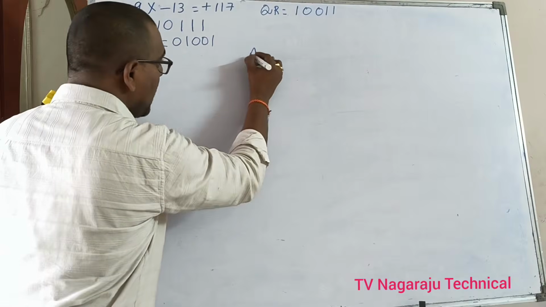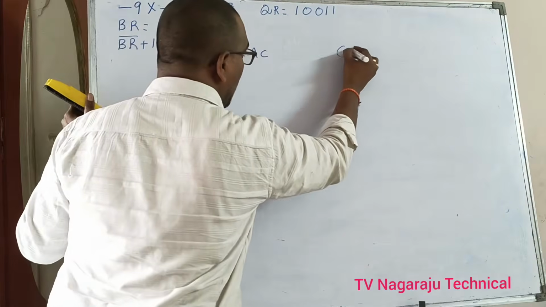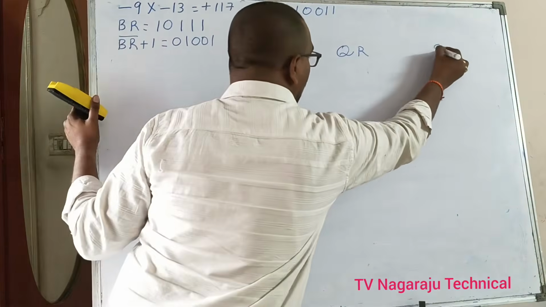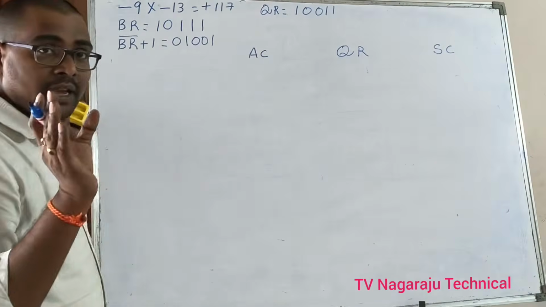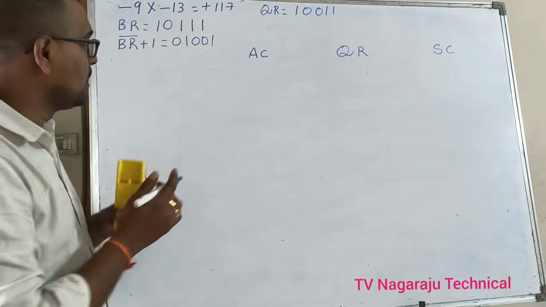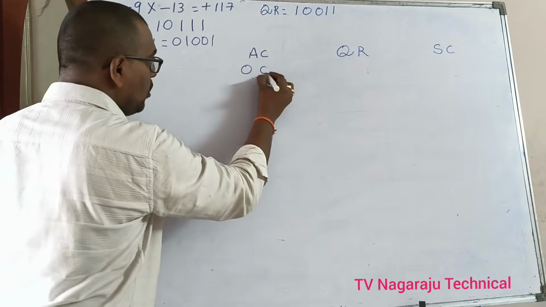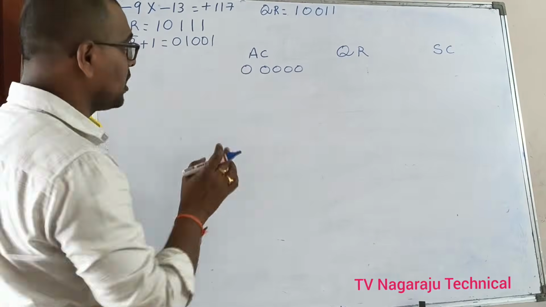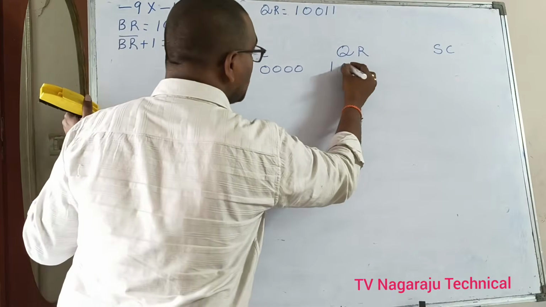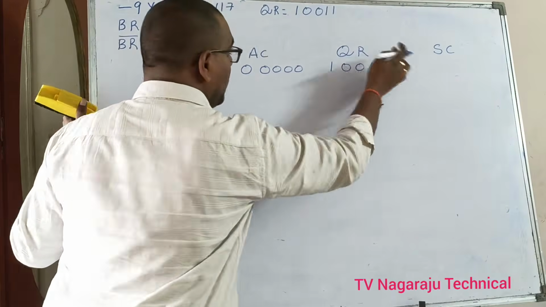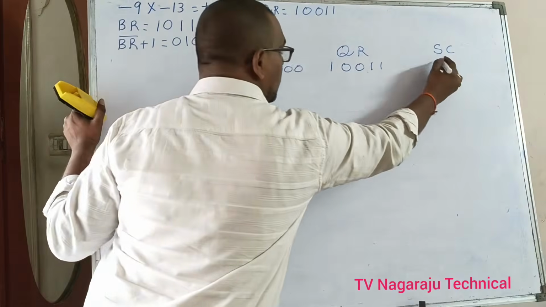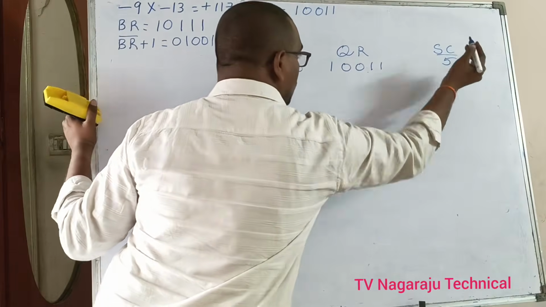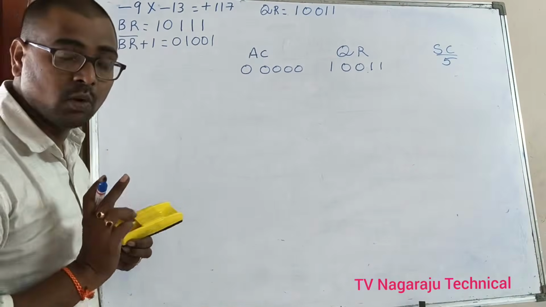Initially AC, QR and the sequence counter. What is the value? AC is 5 zeros. Why? I assumed the size of the register is 5 bits, and QR value is 10011, so 1, 2, 3, 4, 5. So the SC value is equal to 5.